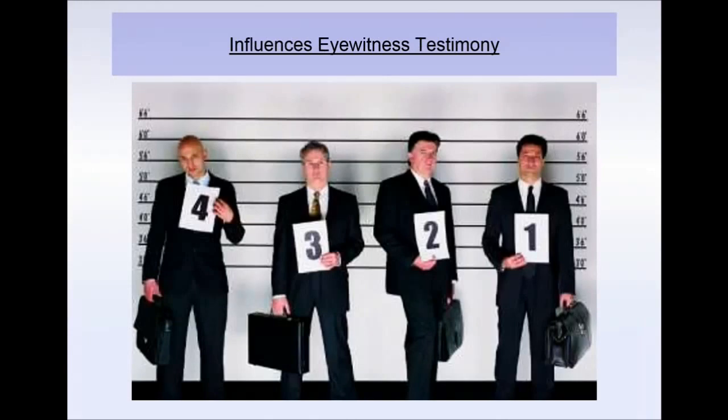And finally, perceived group homogeneity, this perceived similarity between group members, can reduce the accuracy with which people recognise the faces of members of different groups. And this facial recognition deficit has been implicated in wrongful convictions based on inaccurate eyewitness testimony.